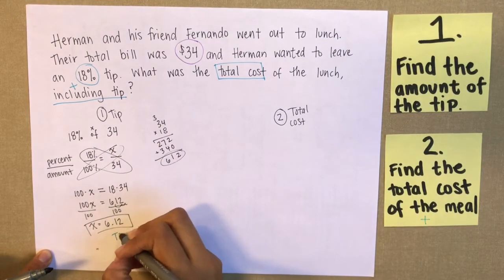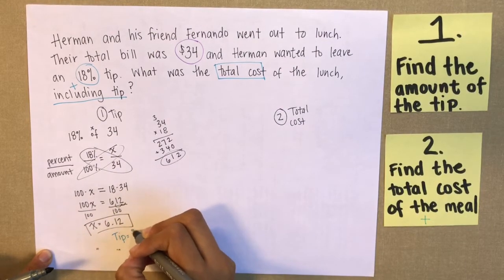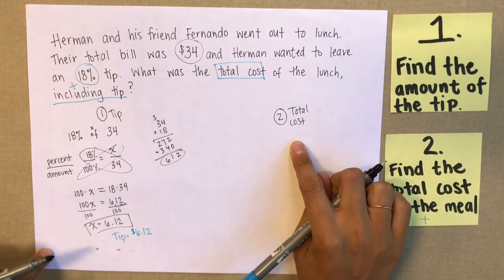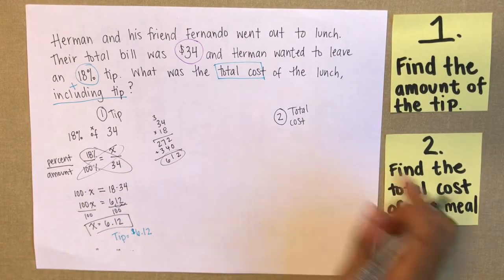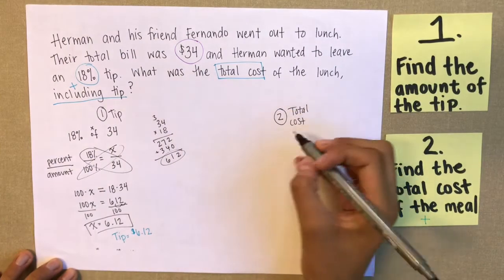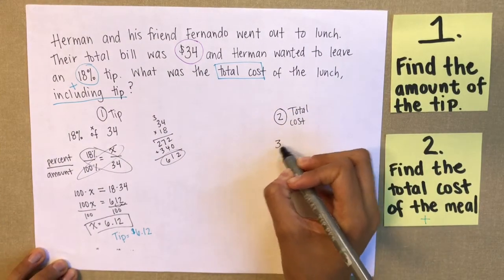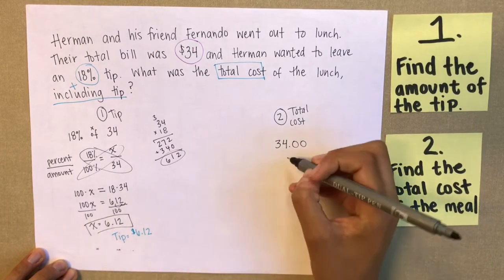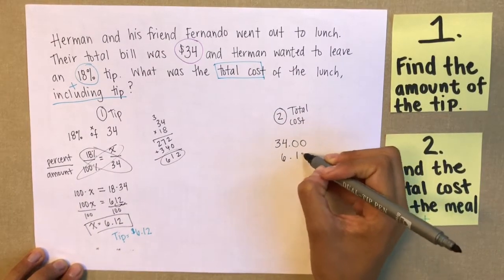So I'm going to write that down here just so I stay organized. And now I need to go on to part two. I need to figure out what is my total cost. Well, to find the total in this instance, I need to combine the cost of the meal, which is $34, with the tip amount, which is $6.12.